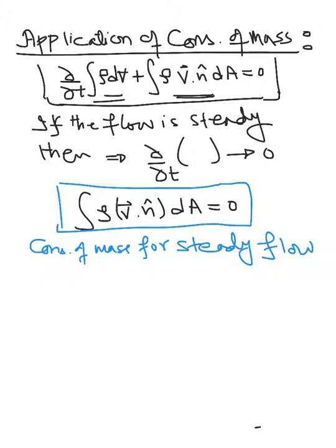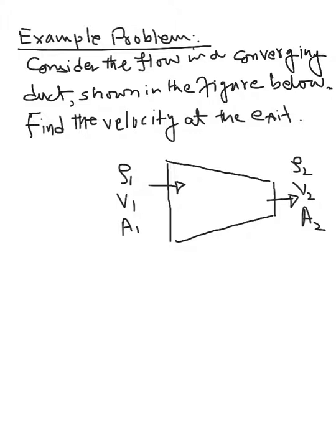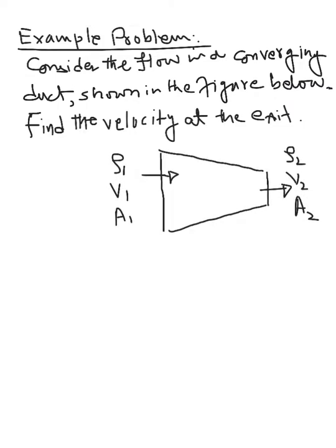Next we will apply this equation to solve an engineering problem. Consider a converging duct through which the fluid is entering with a velocity v1. It has a cross-sectional area A1 at this point, and here the cross-sectional area is A2.